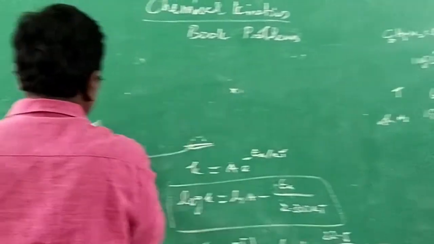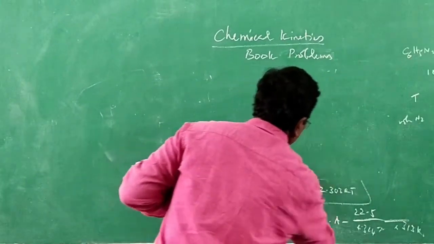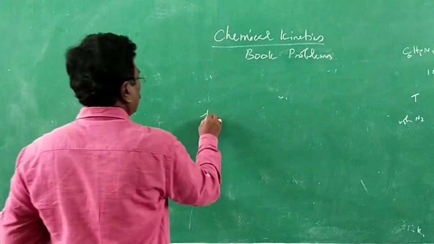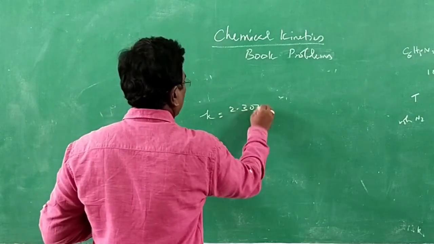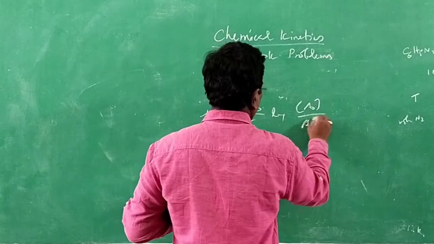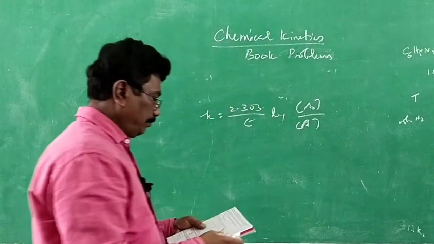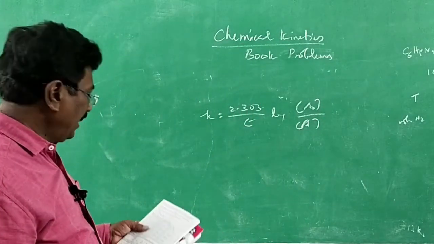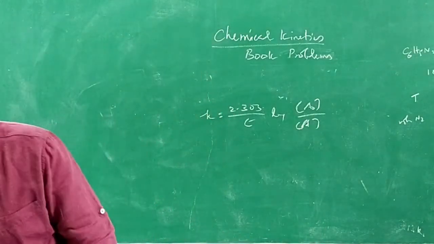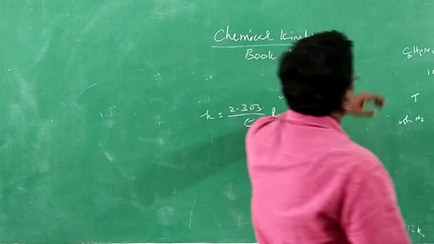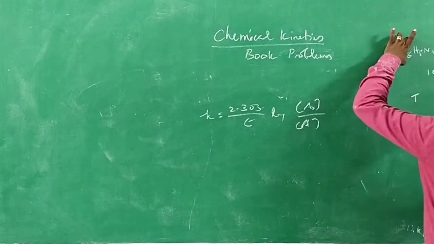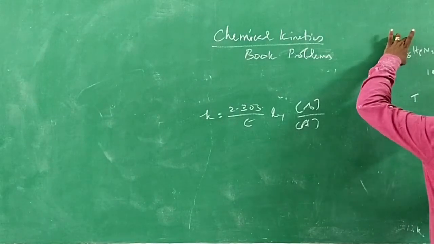For a first order reaction, we know K is equal to 2.303 by t log A naught by A. But here in this equation, initial concentration, how to get the initial concentration? The concentration of benzene diazonium present initially may be considered as concentration of nitrogen formed at the end of the reaction.